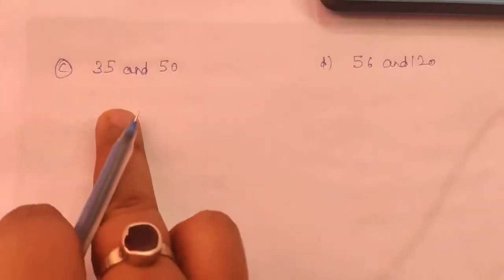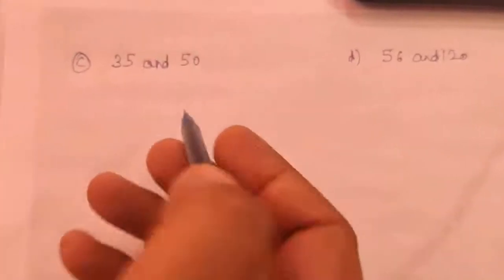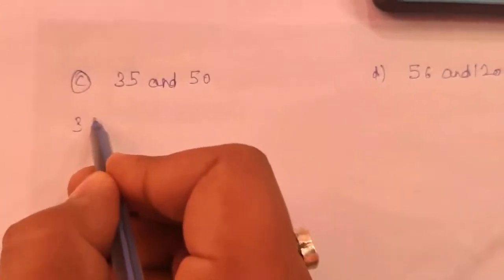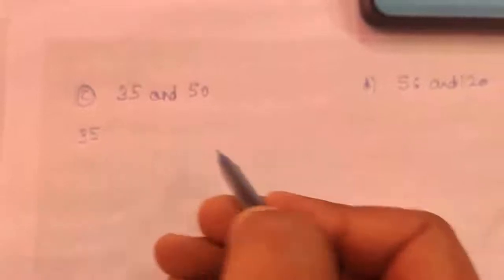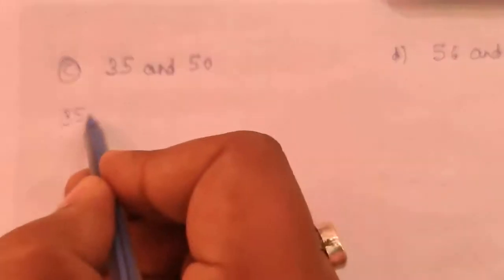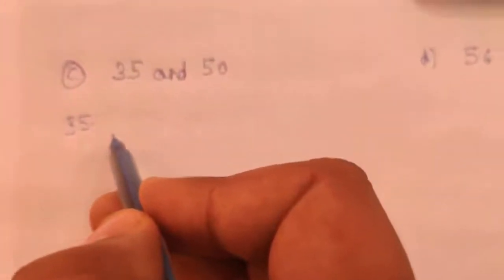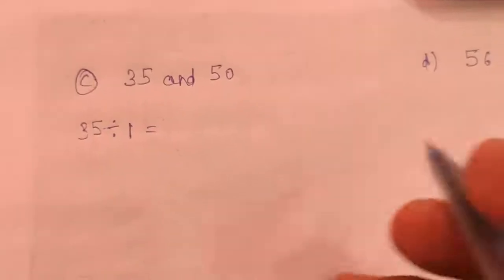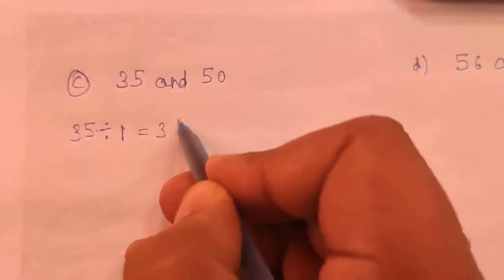Now this is the first C part, 35 and 50. So we will find one by one. First of all, find the factors of 35, then 35 divided by 1, then answer is 35.